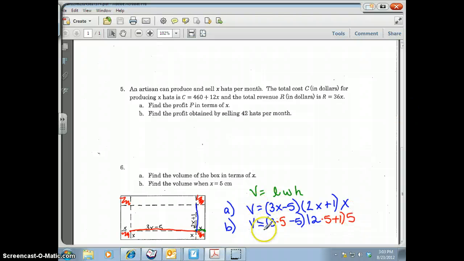And calculating that, 3 times 5 is 15, minus 5 is 10. 2 times 5 is 10, plus 1 is 11, and then times 5. So 10 times 11 times 5 is 550. And that would be cubic centimeters.